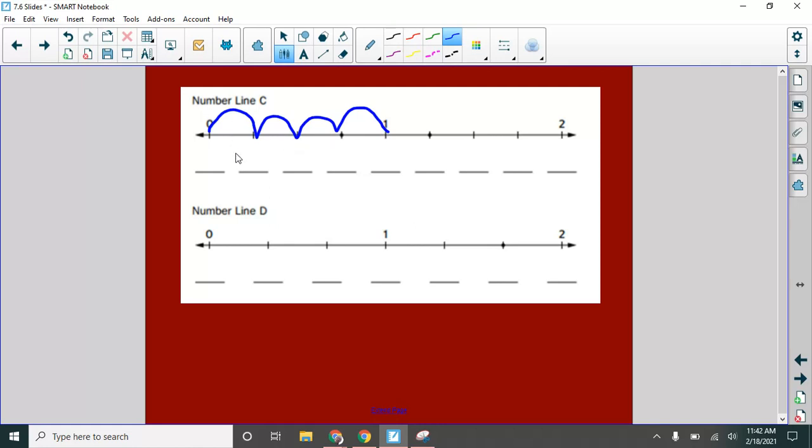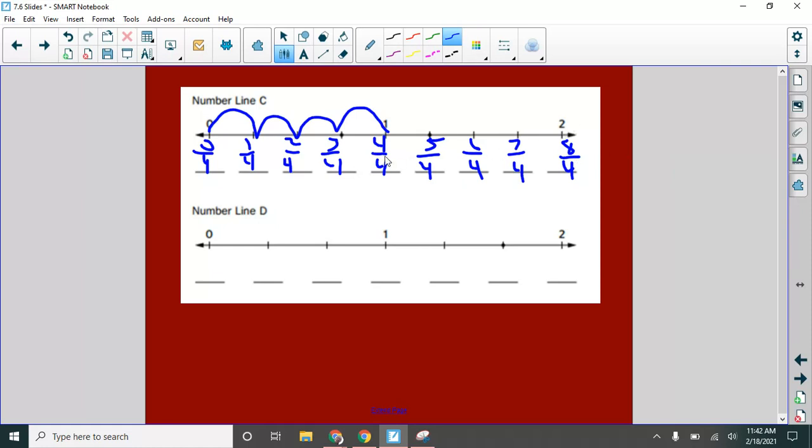So this is counting by fourths. 0 fourths, 1 fourth, 2 fourths, 3 fourths, 4 fourths, and now the improper fractions. I just keep going. 5 fourths, 6 fourths, 7 fourths, 8 fourths. And one little fun trick here, 8 divided by 4, right, is 2. Just a little trick there.